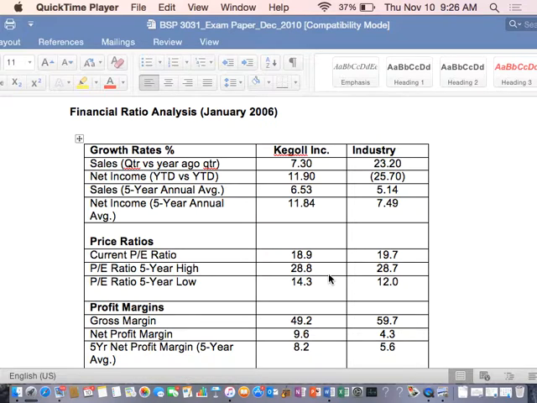What does it tell you, the change from quarter versus year ago quarter compared to the industry? Right, it did not grow as fast as the industry. Which suggests then that what? It's more about sales than the inventory.